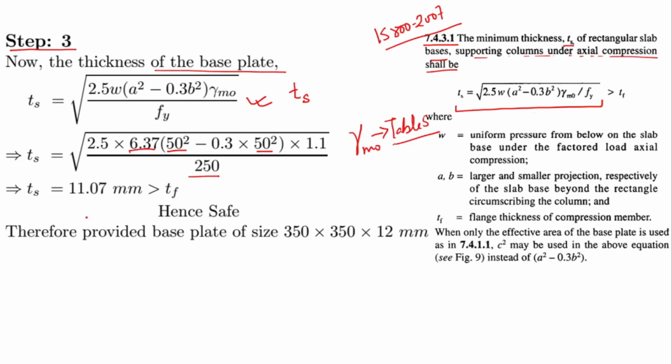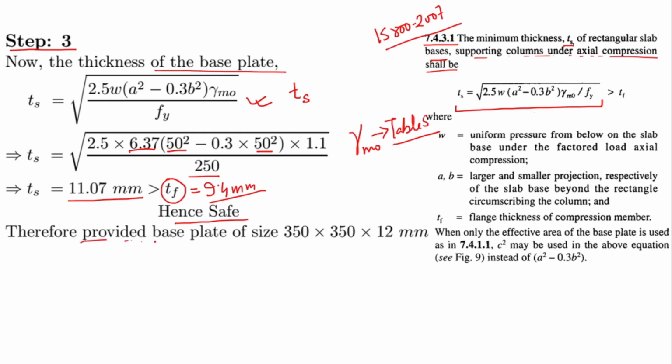So the required thickness for the base plate is 11.07 mm, and it is more than the thickness of the flange. Hence our design for the base plate is safe.